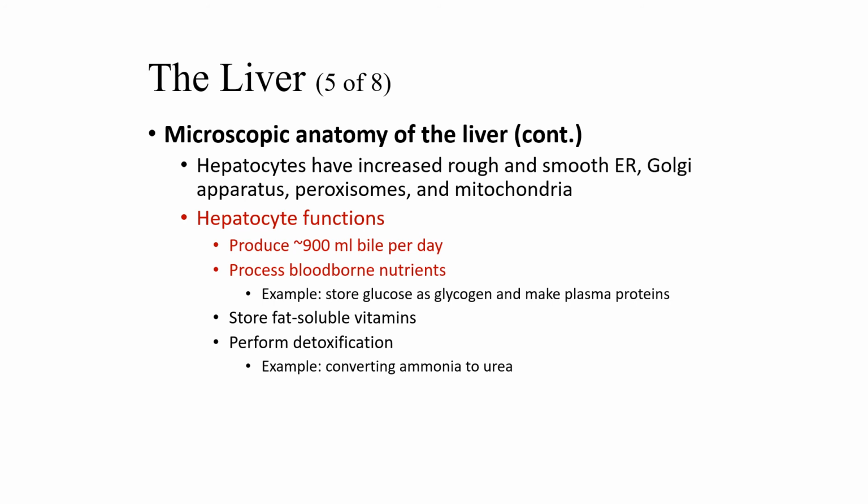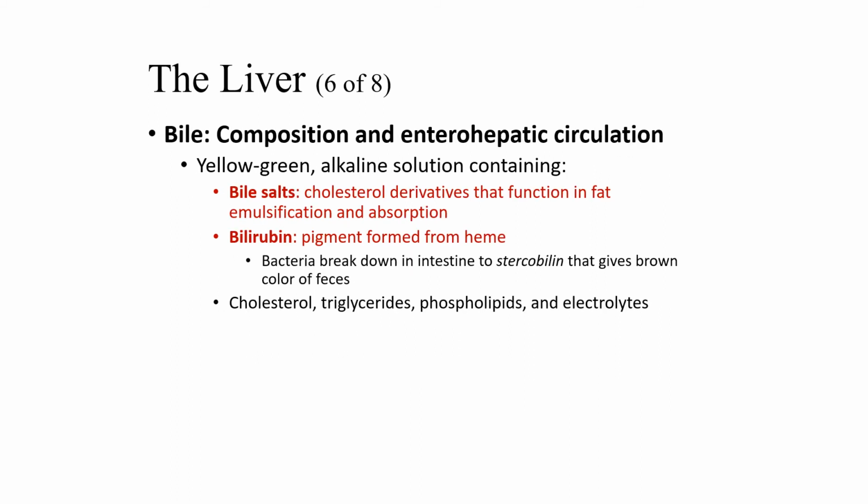It can detoxify the ammonia that is a waste product from tissue metabolism into urea. It detoxifies alcohol into formaldehyde, which is why we have problems. It stores the fat-soluble vitamins. It's just a phenomenal organ.